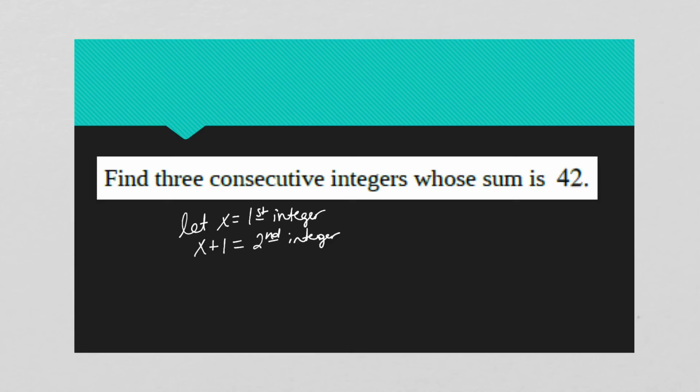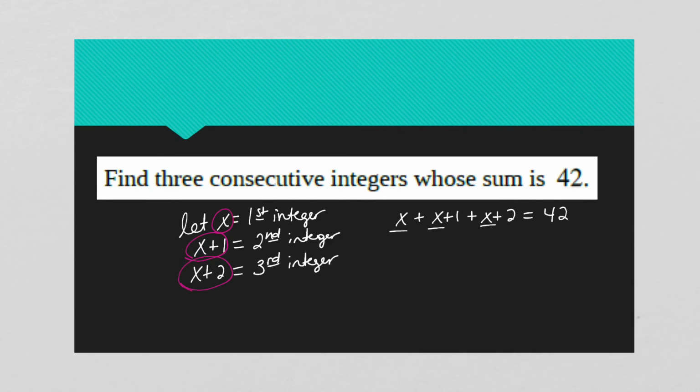So to get to my third number, I have to add 2 to x. So my first number is x, my second number is x plus 1, and my third number is x plus 2. And I know that the sum of these is 42. So x plus x plus 1 plus x plus 2 is 42.